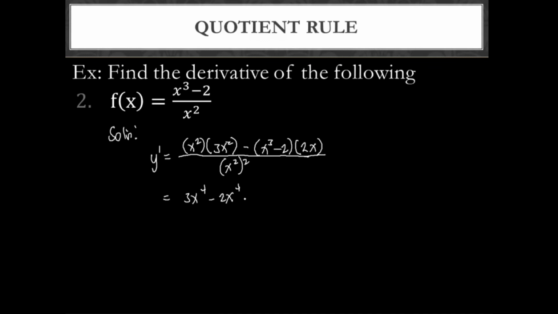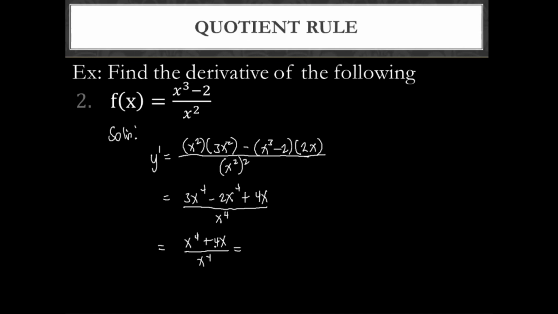And then, positive 4x all over x raised to 4. Okay, loss of exponent, multiply yung exponent. Ito yung magiging x raised to 4 plus 4x all over x to 4. Okay?